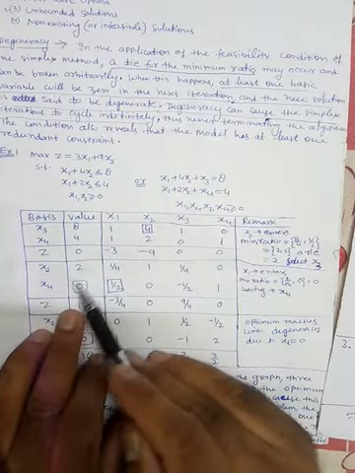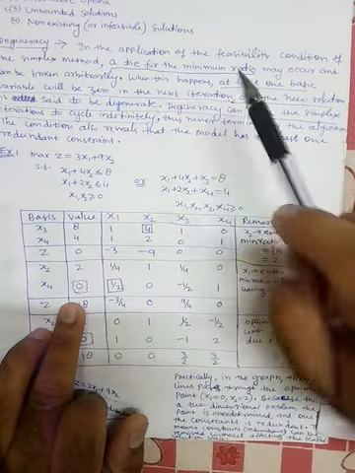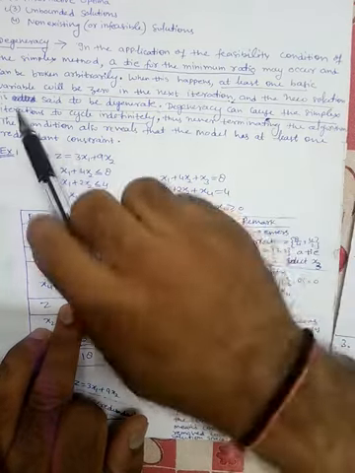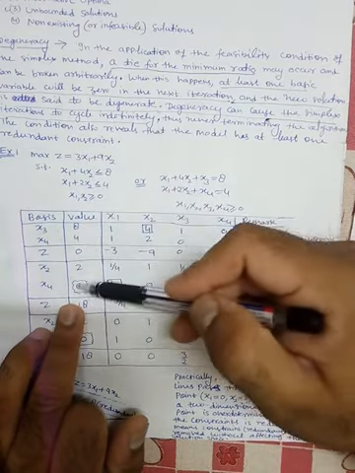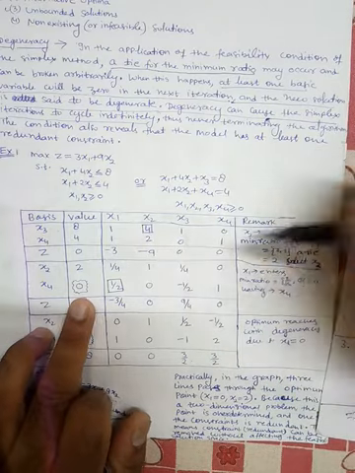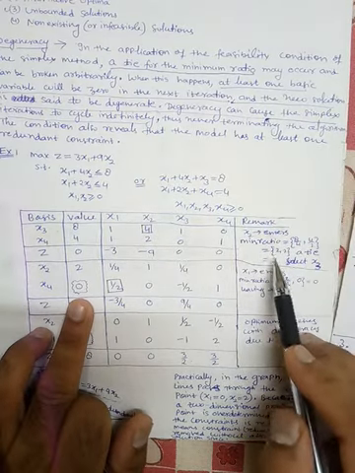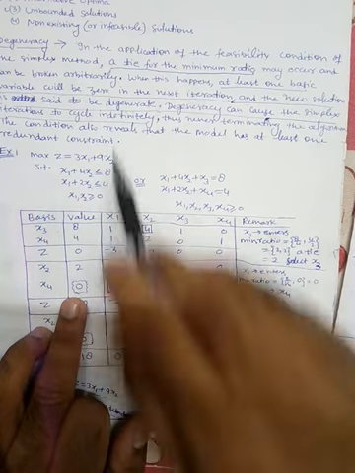This zero is the meaning of that. The new solution is said to be degenerate. Whenever the value column has a 0 due to the presence of a tie in the minimum ratio, this process is called degeneracy.